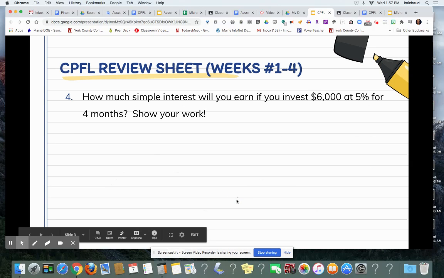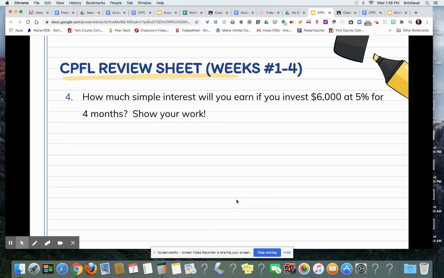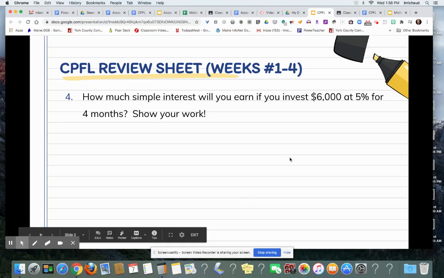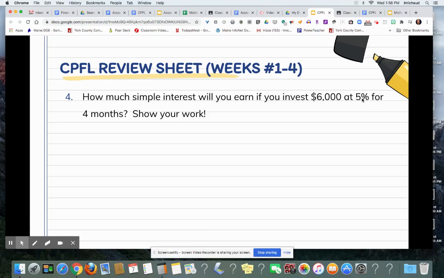So a little bit of a review on simple interest. How much simple interest will you earn if you invest $6,000 at 5% for 4 months? Please show your work. So remember, I is equal to PRT. The amount of interest that you earn is equal to the principal, which is 6,000, times the rate, which is 0.05 as a decimal, times the time, 4 months, so it's 4 over 12.